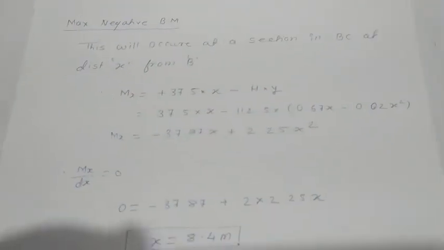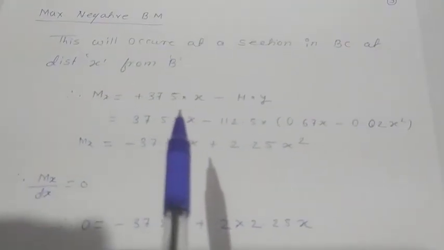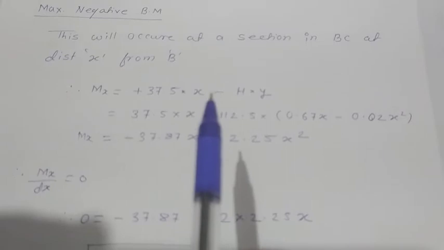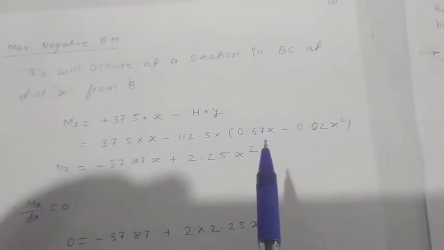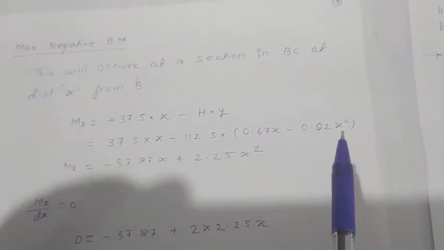So 112.5 into x minus HB into y. Then if you solve this one, just put the value of y, 0.67 x minus 0.02 x square.